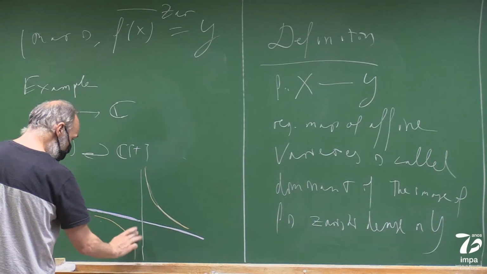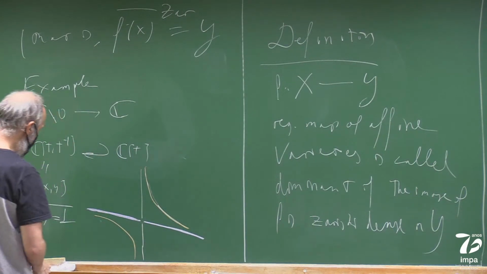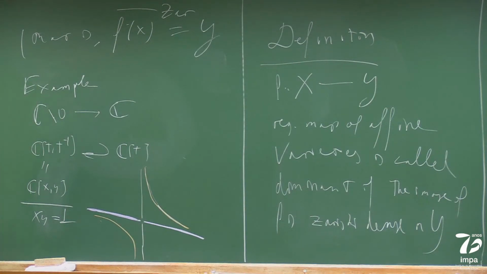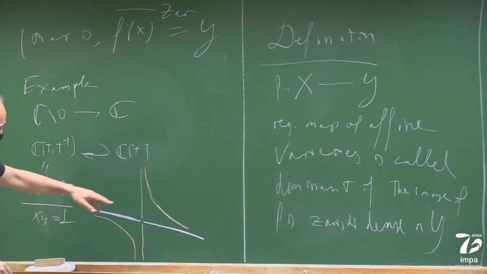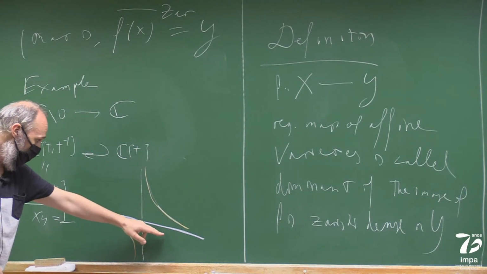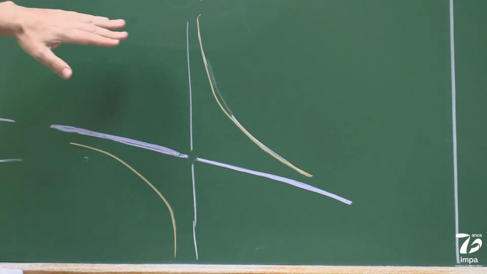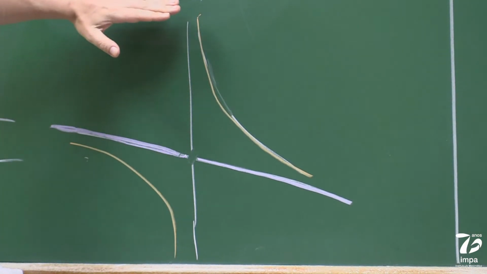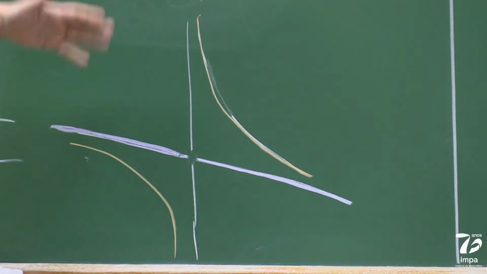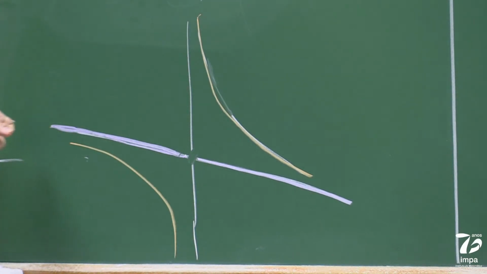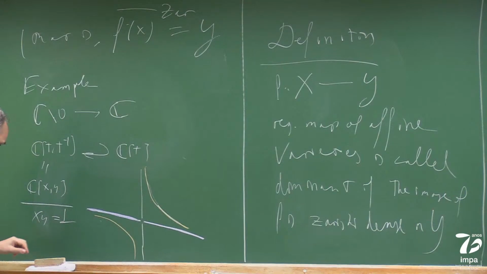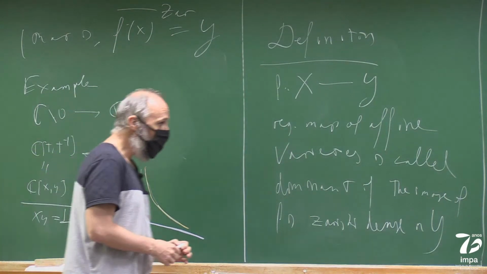This gives a projection from the hyperbola to C, which corresponds to the embedding of regular functions on a line into regular functions on this hyperbola, which are Laurent polynomials. Okay.